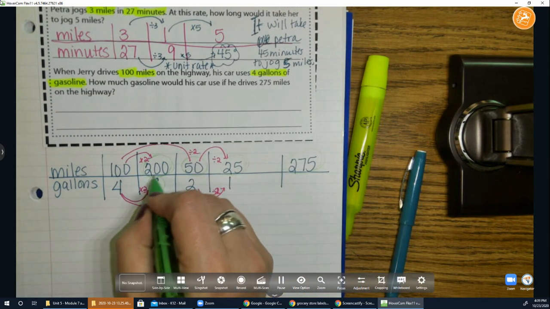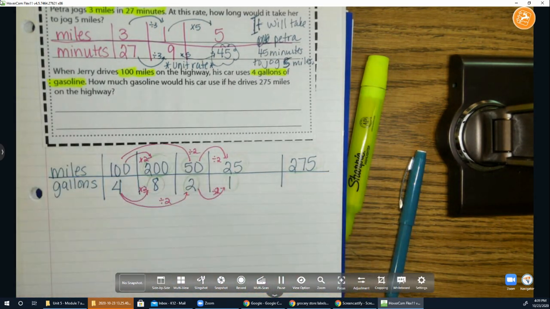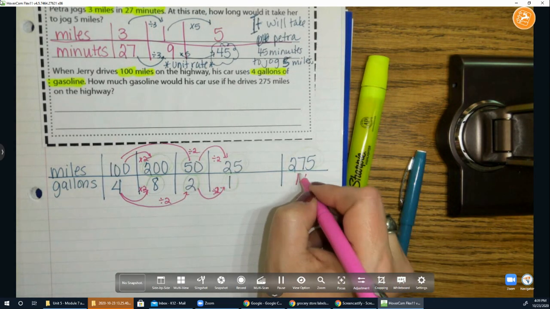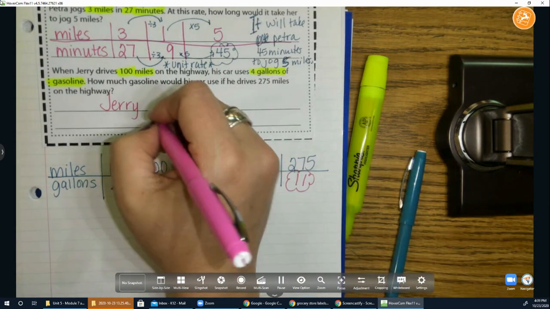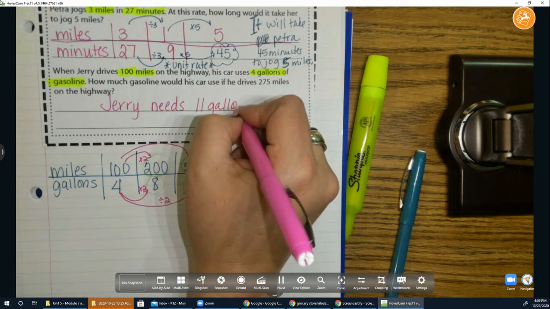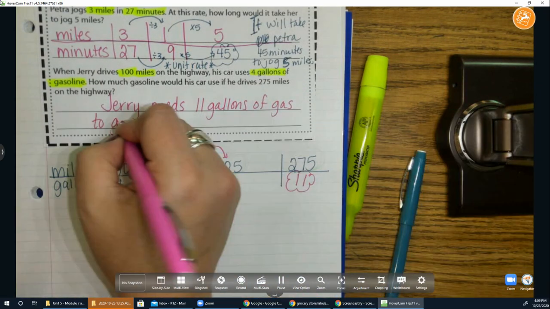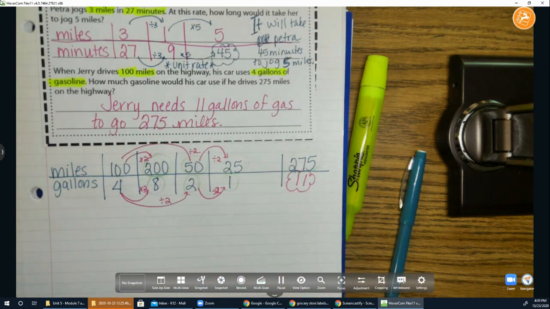So if I add 8 plus 2 plus 1, I will get that total of how much gas I need. So 8, 9, 10, 11. So there's my answer. Jerry, let's write it. Jerry needs 11 gallons of gas to go 275 miles. All right. There we go.